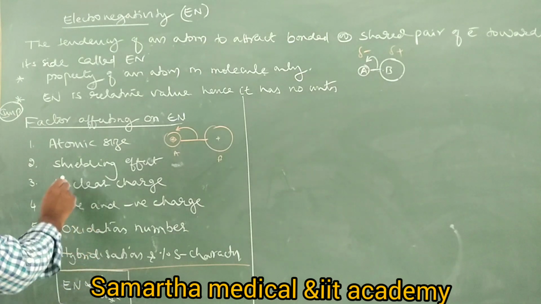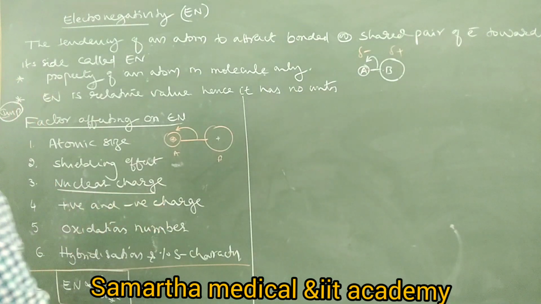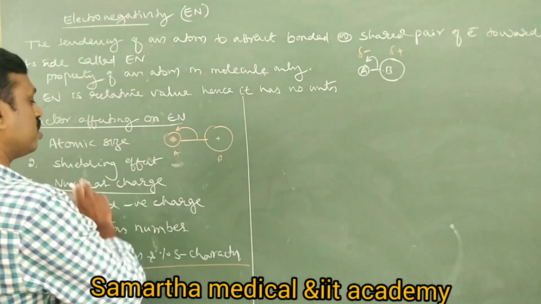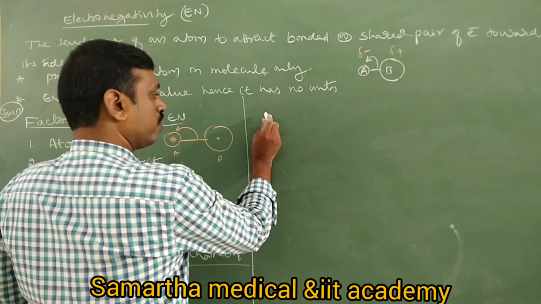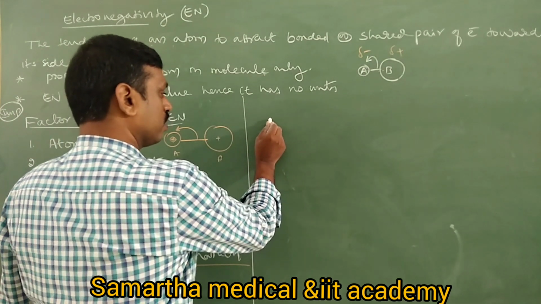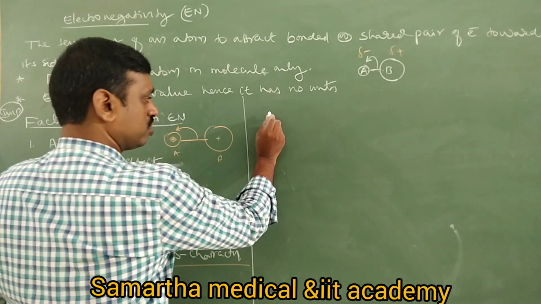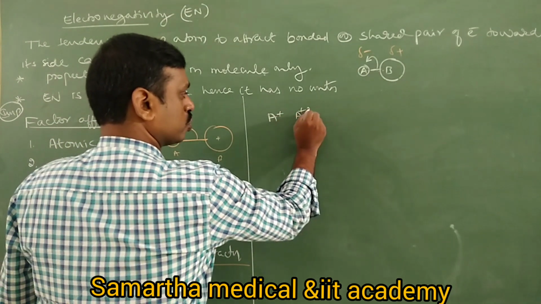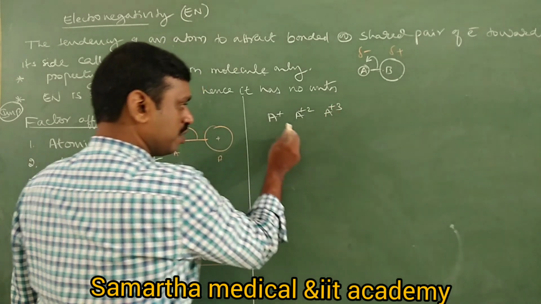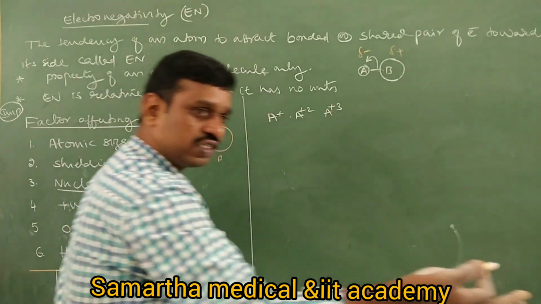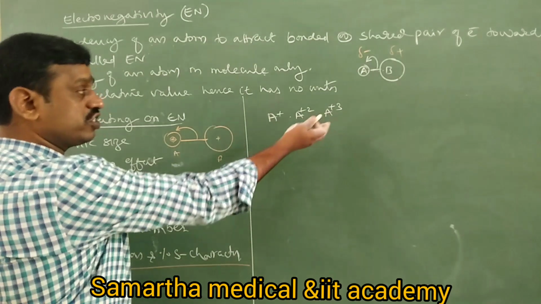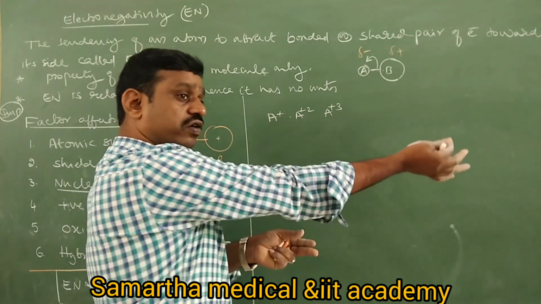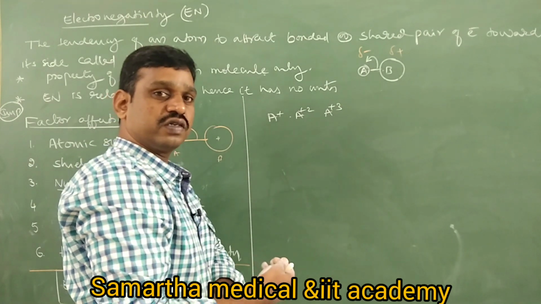Next, nuclear charge. We know effective nuclear charge. When effective nuclear charge increases, say A+2, A+3, when the positive charge increases, nuclear charge increases, and the tendency of the ion to attract electrons increases, isn't it?